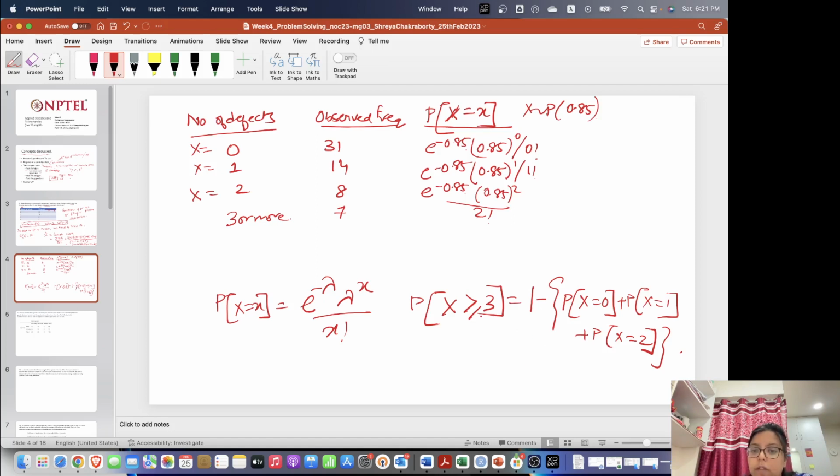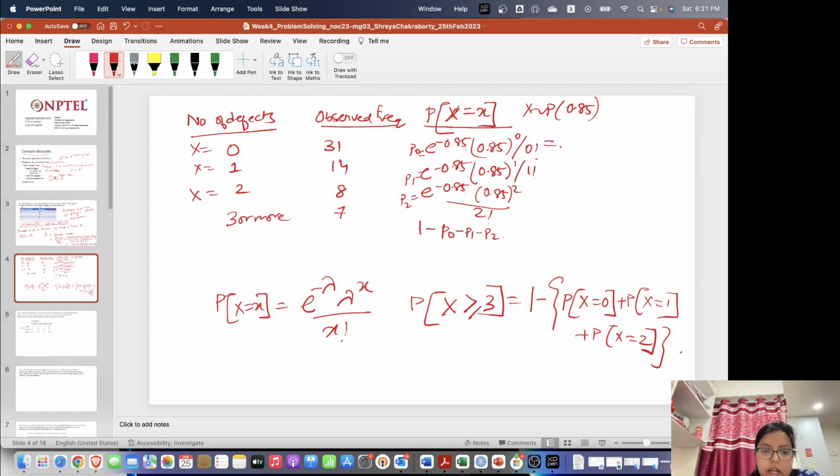So greater than or equal to 3 will be 1 minus probability x equal to 0 plus x equal to 1 plus x equal to 2. So for the last one, let's say this is P0, P1 and P2. We'll write it as 1 minus P0 minus P1 minus P2.